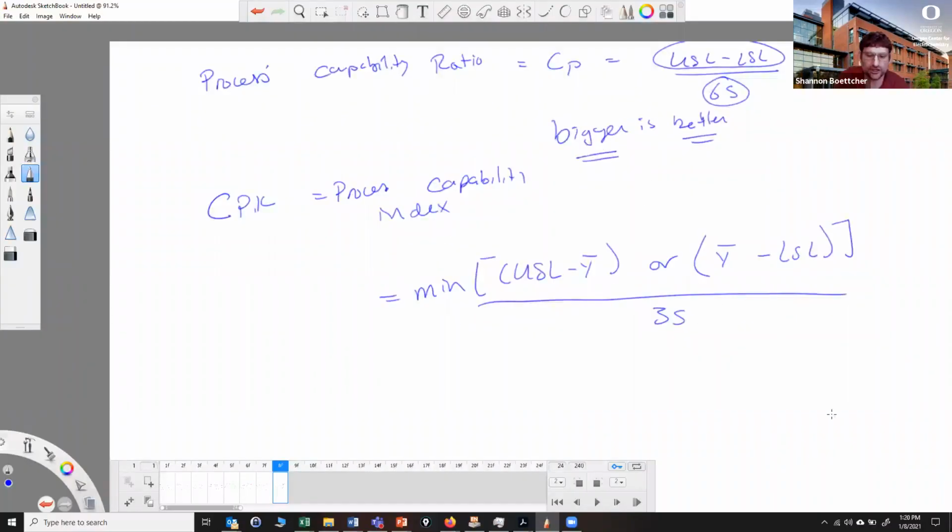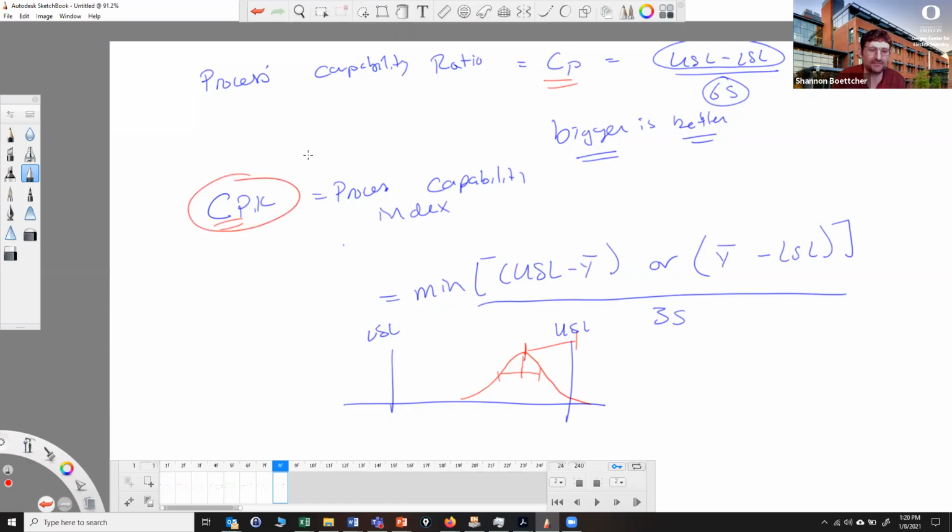Imagine you had a lower spec limit and an upper spec limit, and my distribution was actually not centered, and it looked like that. Then CPK would be a lot smaller than CP. So your process is working well, giving you a tight distribution, but your distribution is in the wrong spot relative to your spec.